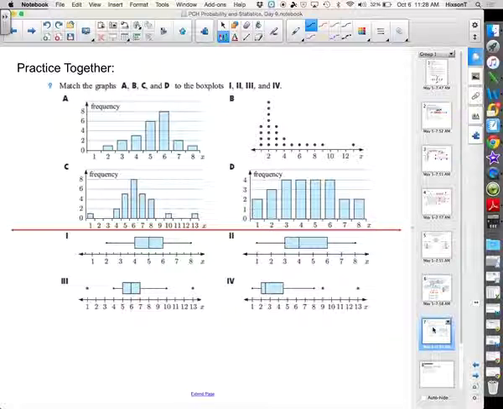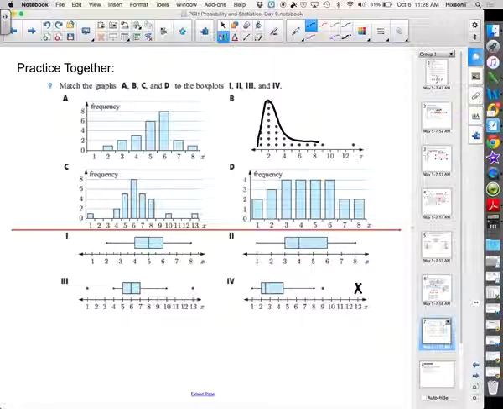B with 4. Now, what about B, or what about 4 makes you think that that's B? Because it's to the left and has like 2 outliers. Okay. Yeah, most of our data is way over here, right? And then we've got this one real extreme one out here at 13. So that must be an outlier.